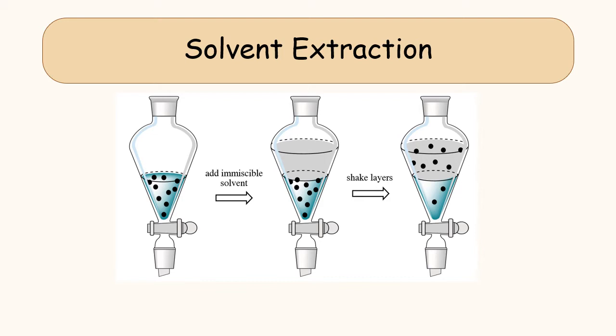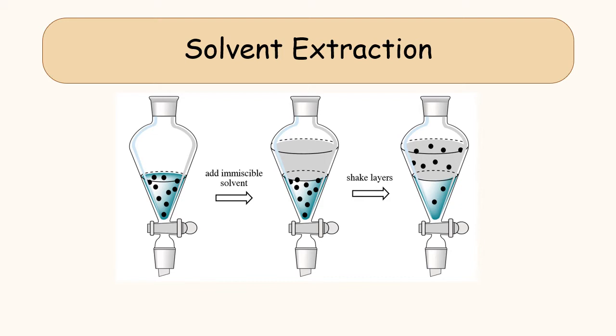Now what you need to do quite carefully is actually shake the layers. So to do that, you'd put a stopper on top and you'd shake it. Now that builds up some gas, you build up some pressure whenever you mix two solvents together. So you would have to then turn it upside down and open that tap at the bottom to let some gas, some pressure out.